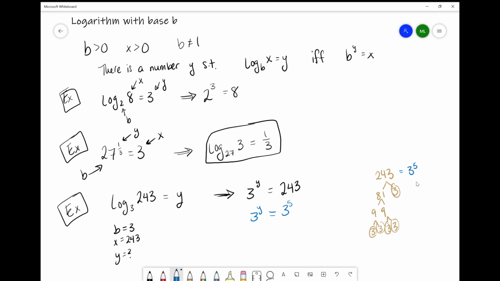By the exponential rule of solving for exponentials, if we have the same base, then you can just take the exponents and set them equal to each other. So by the exponent rule, you now have y is equal to 5. And then you will have solved your logarithm problem. Log base 3 of 243 is equal to 5. So y is equal to 5.